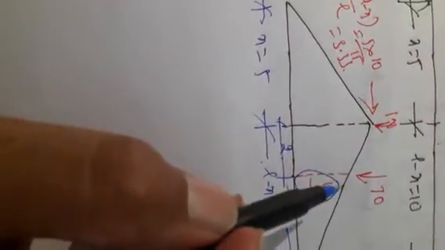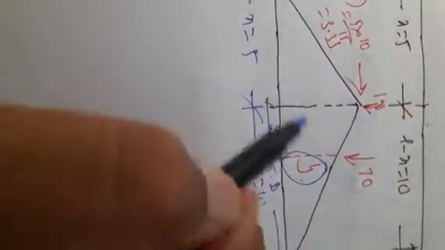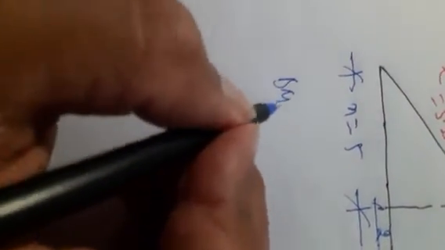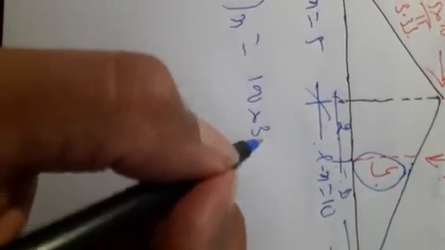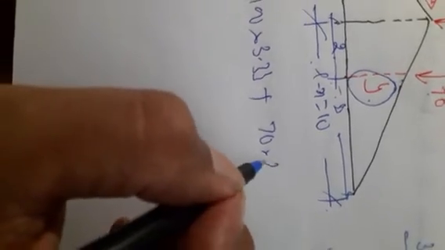Now find out the loads. 100 into this ordinate plus 70 into this ordinate. So bending moment at x is equal to 100 into 3.33 plus 70 into 2.66. So the maximum bending moment value you are having is 519.2 kilonewton meters. This is the maximum bending moment value. So this completes the two-point problem. Thank you.